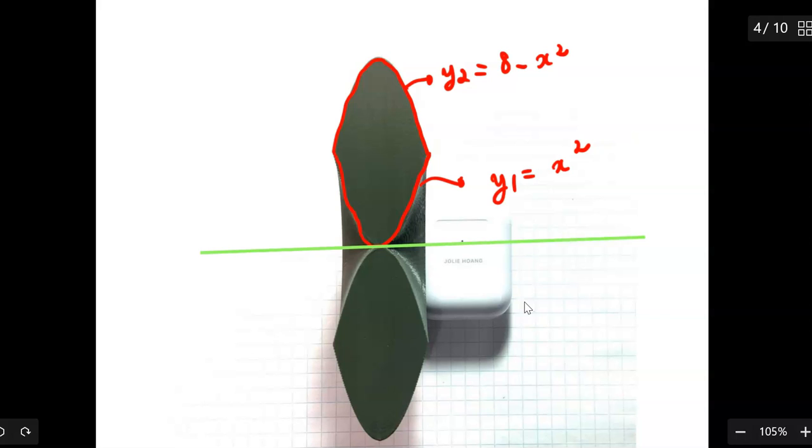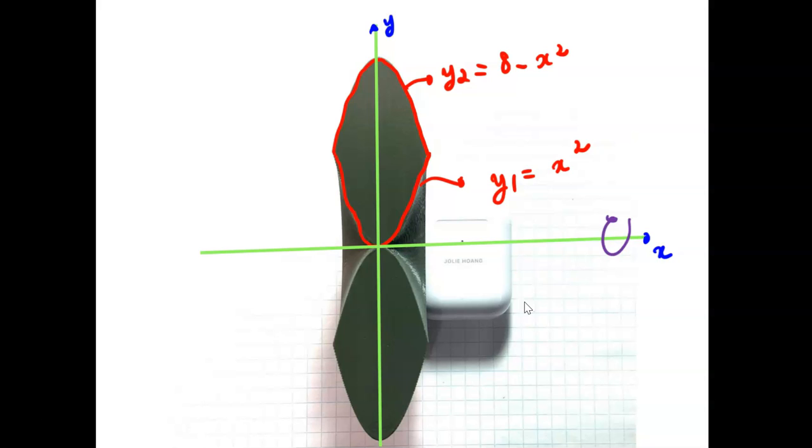Okay, and let me draw the axis of rotation. Here is the axis of rotation, and here is the axis of rotation as well. Okay, so this is my y, and this is the x. Axis of rotation is the x-axis, and what is the area that we are working with? Is this area. Okay, so let's choose this color. So this is the area that we will shade.